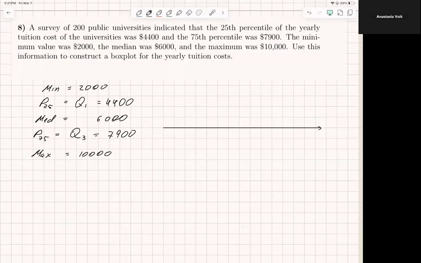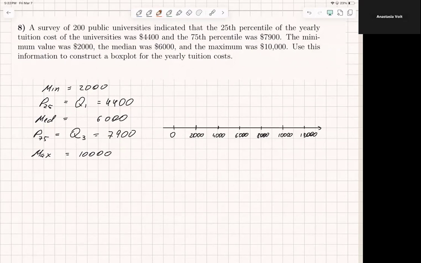Again, the number line: 2,000 is the minimum, 10,000 is the maximum. So I think it's not a bad idea to just start from 0 and then have every 2,000, right? So we have 4,000 here, 6,000 here, 8,000 here, and 10,000 here, and maybe 12,000 just so that we have a full number line.